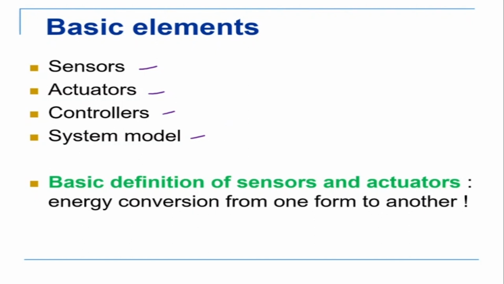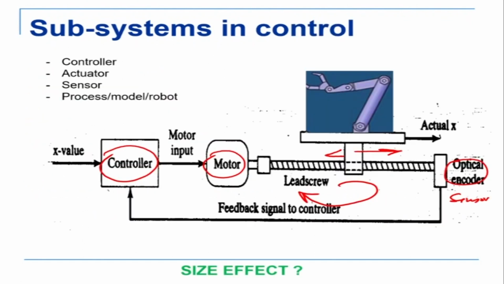And all of this is connected in a closed-loop control system. Now, when we are talking about the basic definition, we said the basic definition of sensors and actuators is that they convert energy from one form to another. And I gave the example that in this motor, the controller gives a voltage signal to the motor, and the motor rotates, so there is a conversion of electrical energy to mechanical energy.